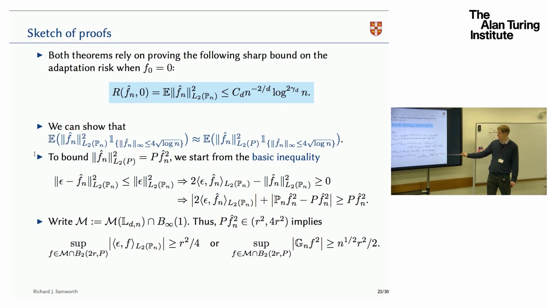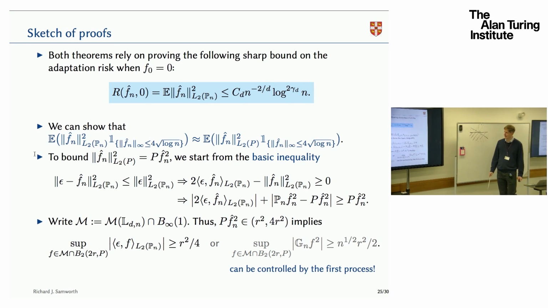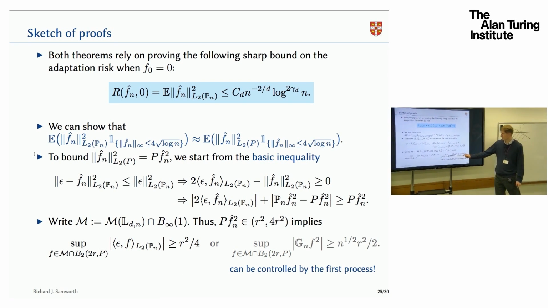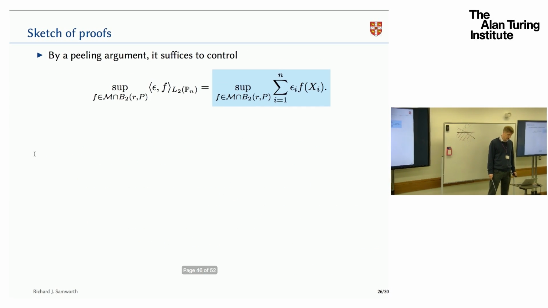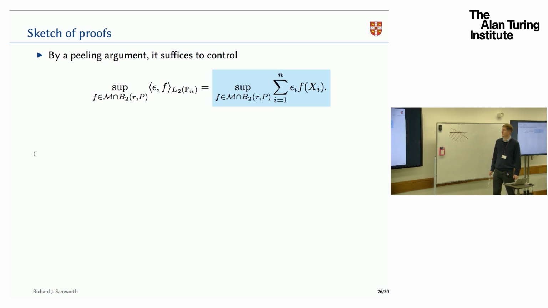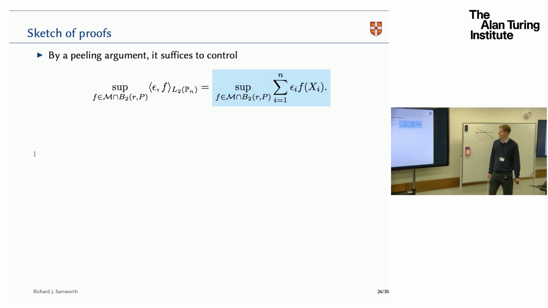Here Gn is just the empirical process, it's root n times this one over here. And really, if you can control this one, then you're done, because that's essentially the same argument. So we've reduced things to trying to think about controlling this type of empirical process here.